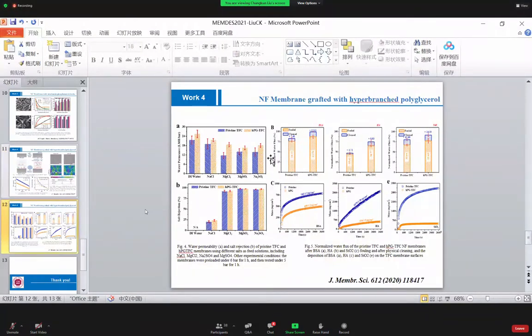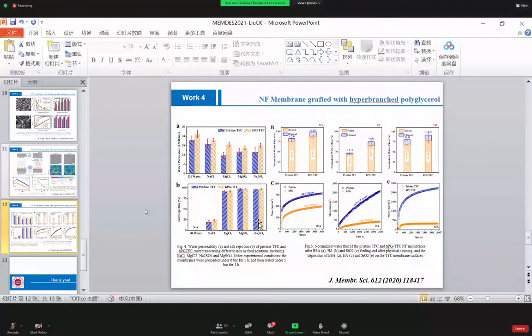So in the fourth work, we have prepared nanofiltration membranes grafted with hyperbranched polyglycerol. These membranes show both enhanced water flux as well as good anti-fouling performance.